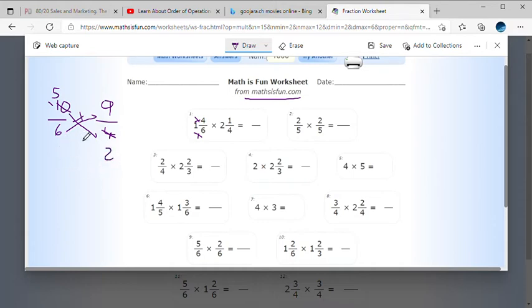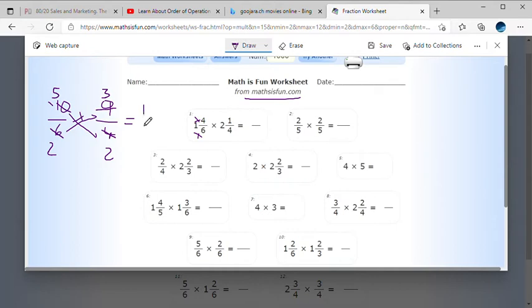For the 6 and the 9, what number could I use to divide both without leaving a remainder? The number is 3. So 3 into 6 is 2, and 3 into 9 is 3. Then we go ahead and multiply across to get our final answer.